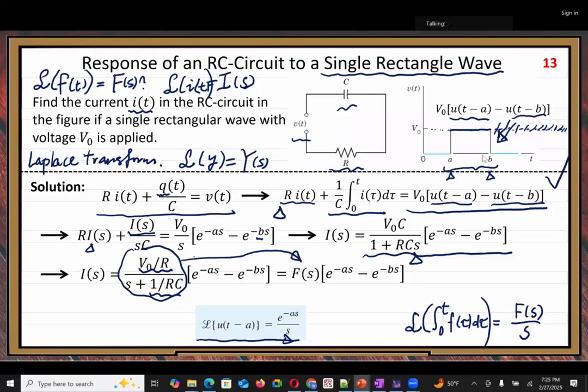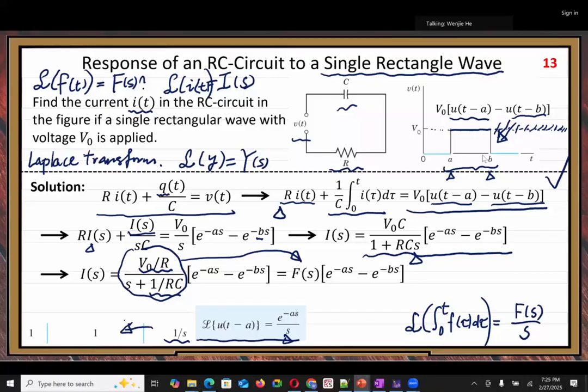Now we want to find the inverse Laplace transform of that capital F, and we use this simple formula: inverse Laplace of 1 over s equals 1.